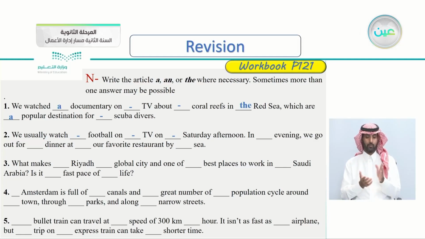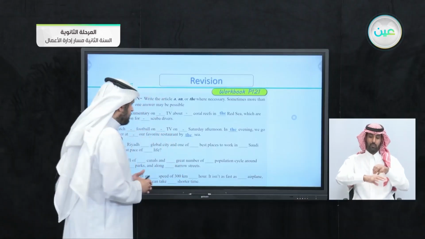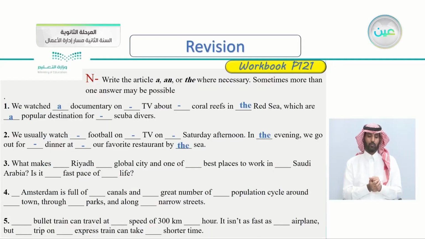In the evening. So do we say in an evening, in the evening, or just leave it? Yes, you're correct. In the evening, we go out for dinner at, yes, at our favorite restaurant by, yes, by the sea. By the sea. Excellent. Number 3. What makes, yes, Riyadh is a city, so it doesn't take anything.